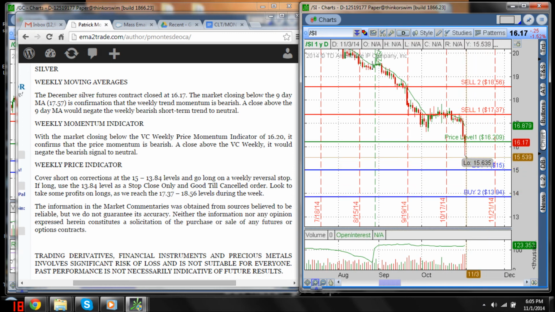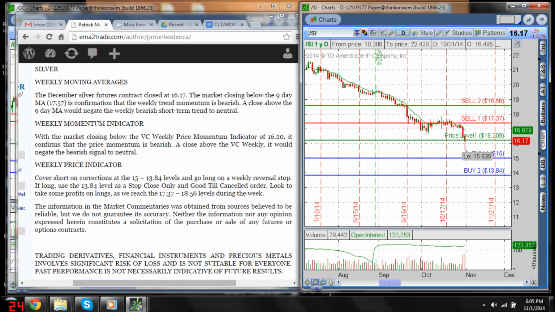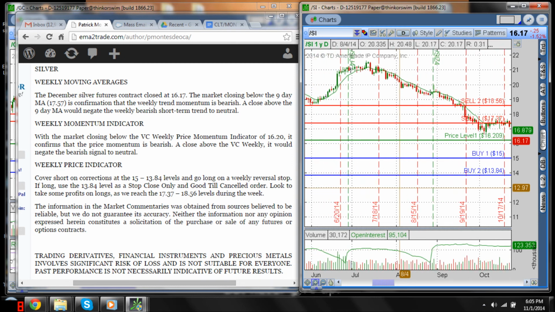But if we do, this would be the highest probability and most oversold condition for you to buy and put on a long-term position.